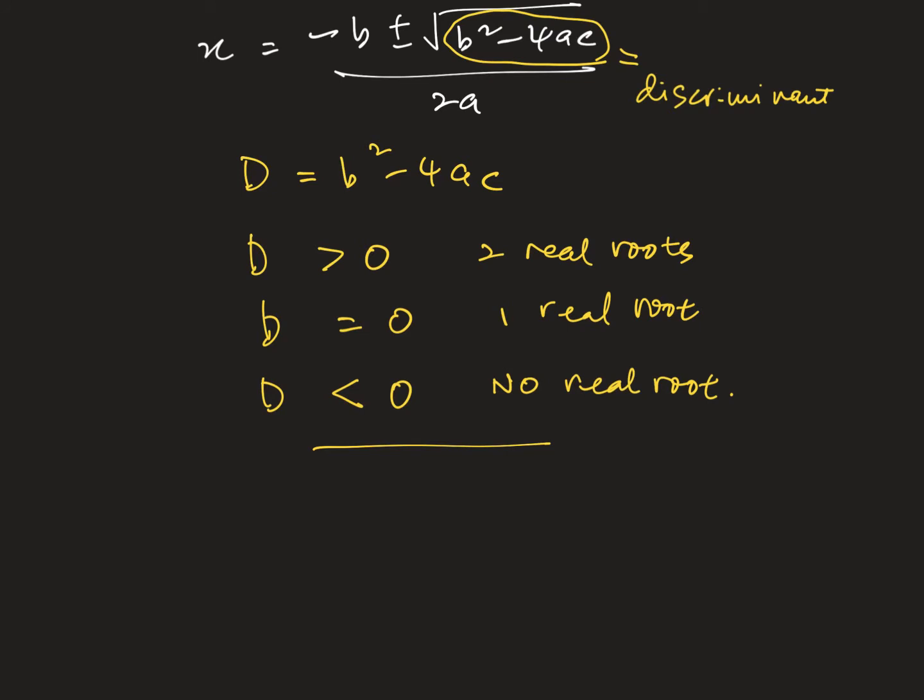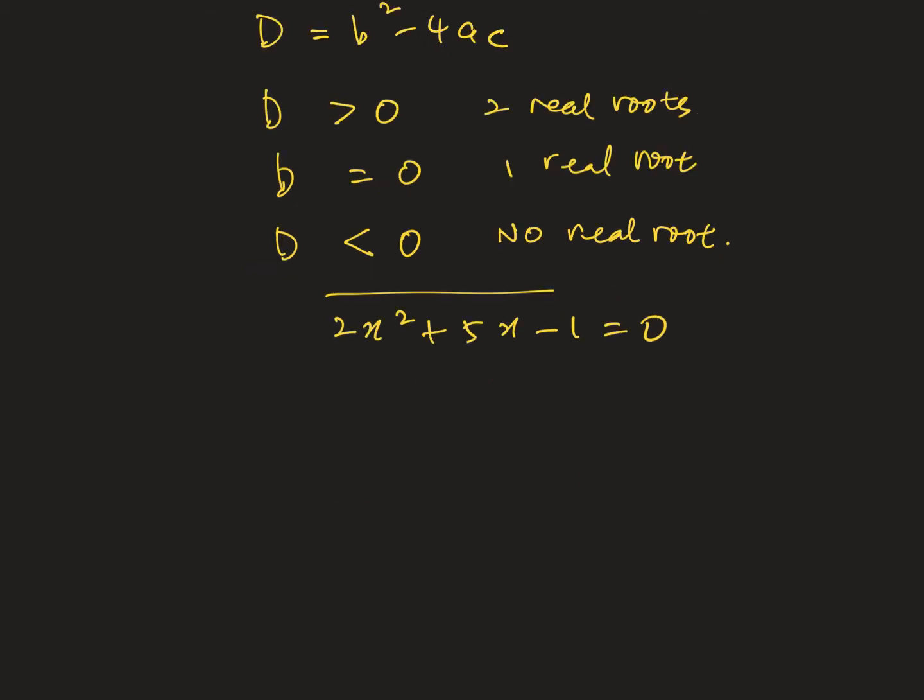Now let's look at this quadratic equation: 2x squared plus 5x minus 1 equal to 0. We'd like to see what the nature of the roots of this quadratic equation is. The discriminant b squared minus 4ac is equal to 5 squared minus 4 times 2 times negative 1.